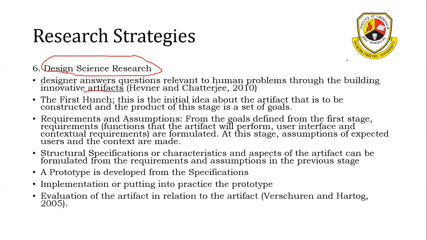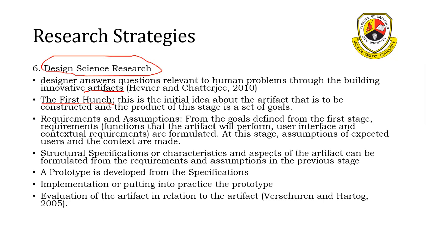Now, throughout the stages, the person is evaluating. When they come up with what we call the first hunch, the idea, I want to develop an IS system for marketing, to support marketing. Okay, that's an idea. So you begin the evaluation process as you come up with the idea. What will the system look like, and so on and so forth.